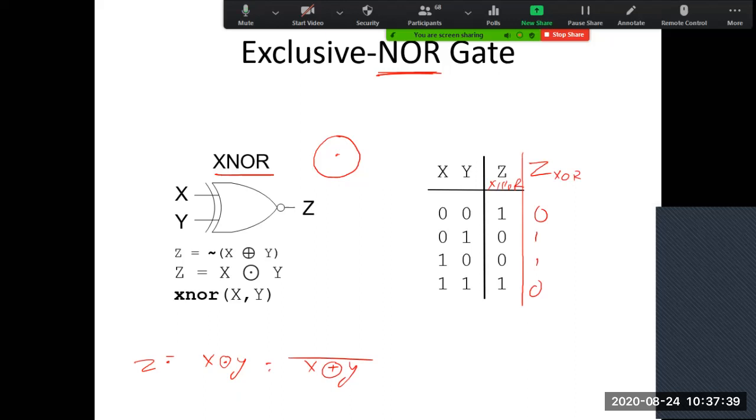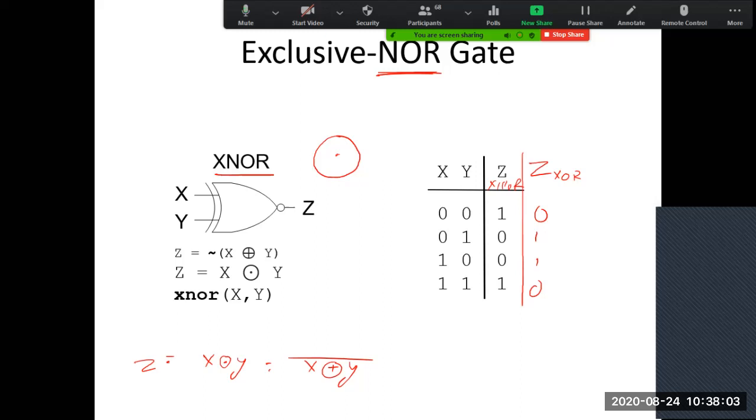In this case, what you are getting is the reverse of the XOR gate. If you are considering the two input case, whenever the two inputs are in different states, you are getting 0, and whenever they are in the same state, you are getting 1. So this is the XNOR gate.